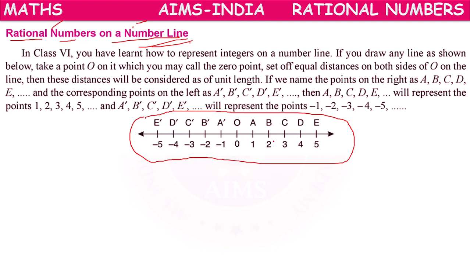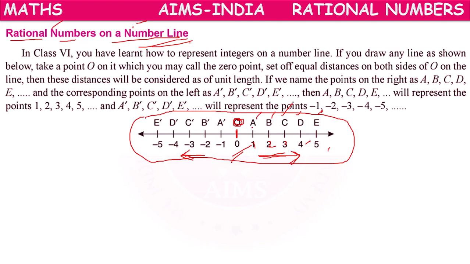On a straight line, at the middle of the line, we can take point O, which represents the value 0. To the right side of 0, with different points, we can represent all positive integers. To the left of 0, we have the corresponding points.